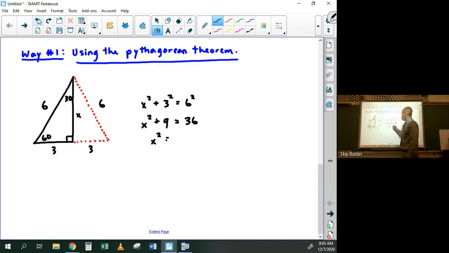So x squared equals 27, and x equals the square root of 27. This can be simplified. What's the biggest perfect square that divides evenly into 27? 9, right. So this would be 9 times 3. So this would be 3 radical 3.